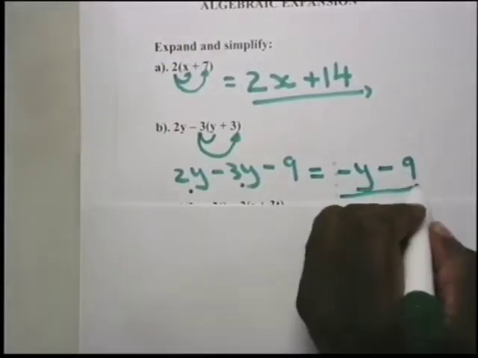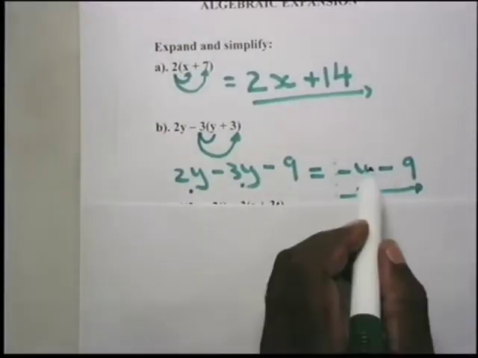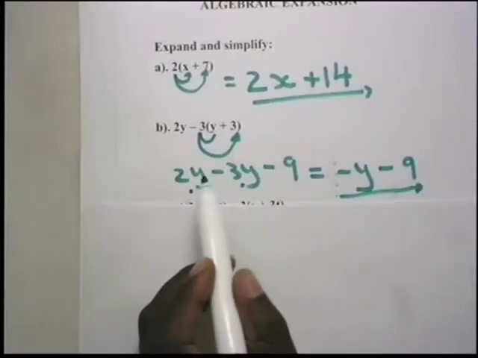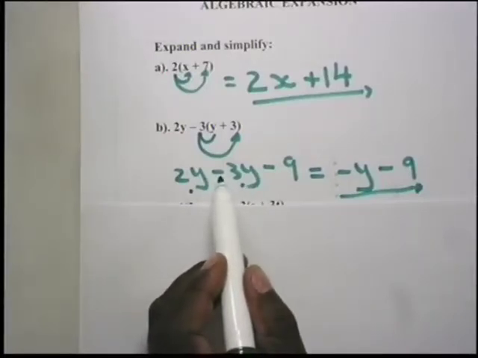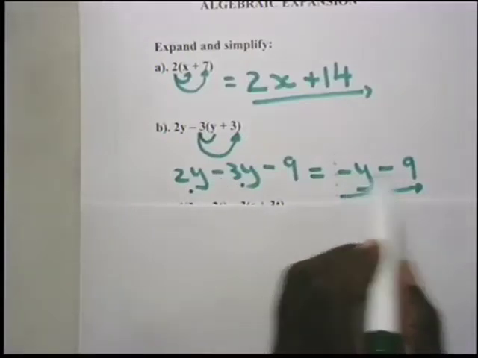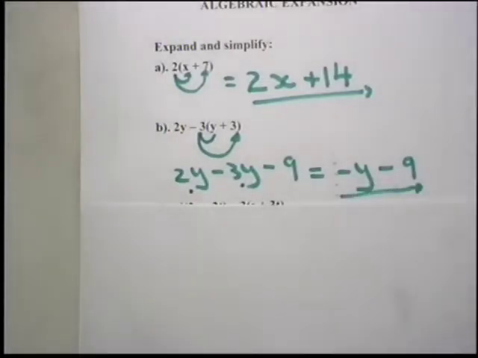So that is now us simplifying. First we expanded and we simplified by identifying the like terms and putting them together. So 2 minus 3 gave us the negative y or negative 1y. And we don't usually write down the 1. The moment we write a negative y there, we know it's just 1y that is left there.